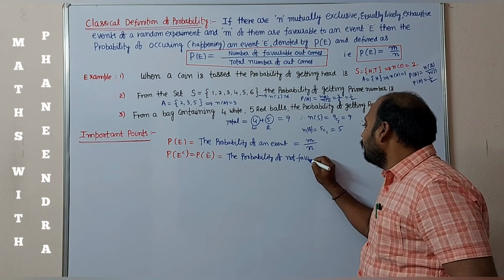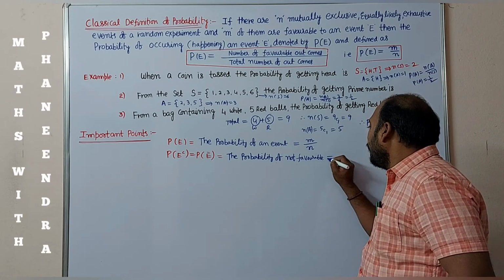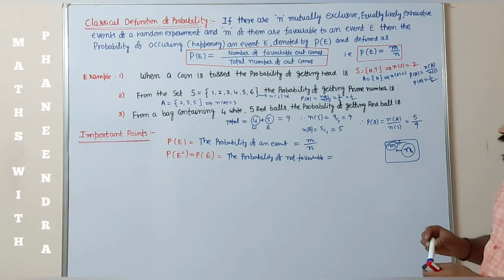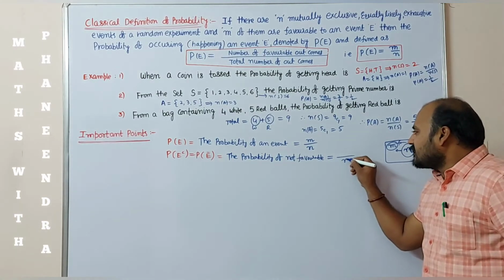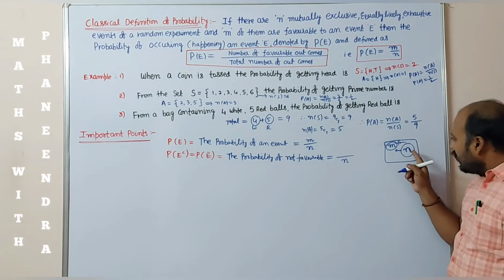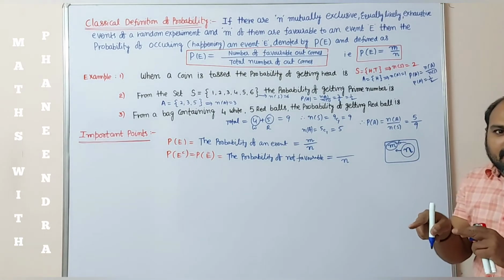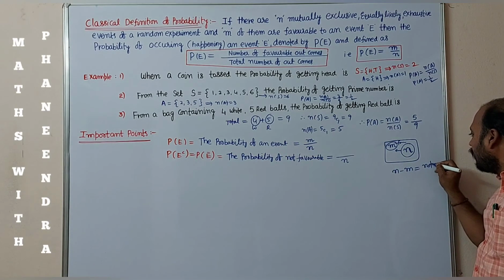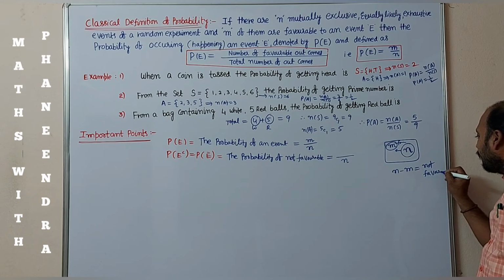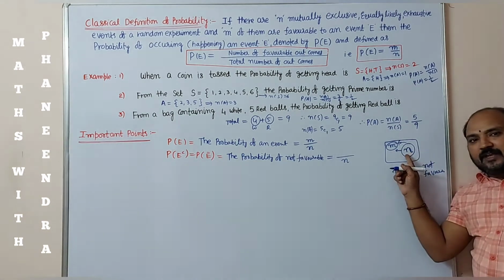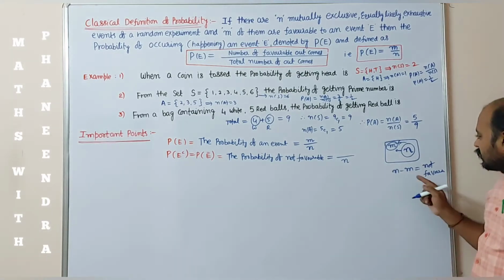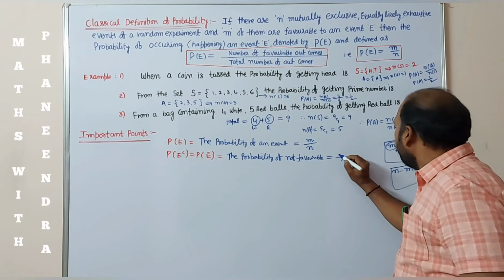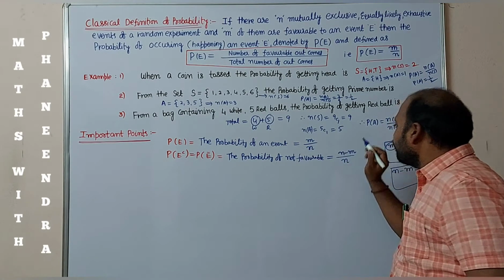Observe carefully, dear students. Total events are n. Out of n, m things are favorable, which means the rest of the things, n minus m, are not favorable only, no? So not favorable is n minus m.